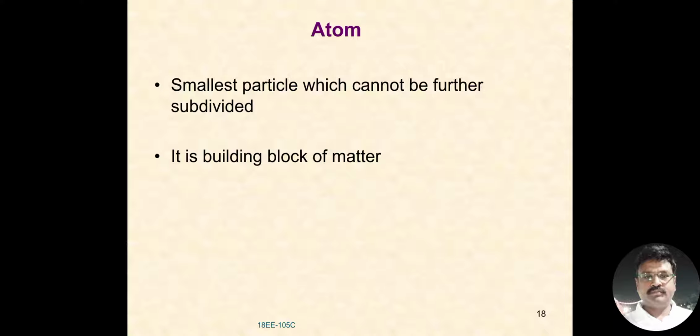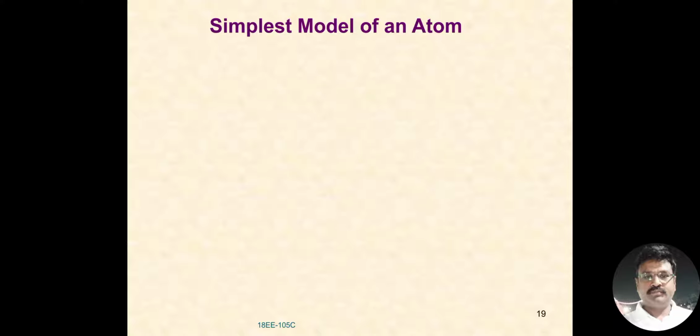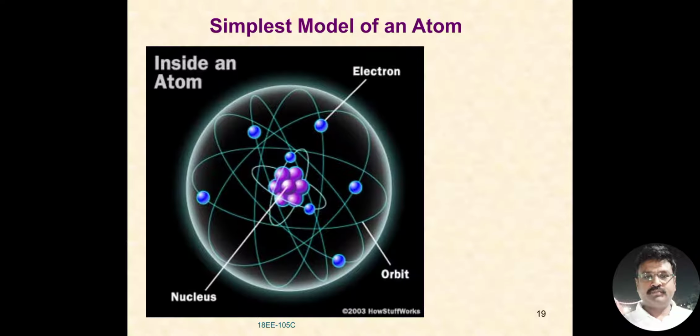Structure of the atom. This is a simple model of an atom. In this diagram, you can see the orbit, electron, and nucleus.